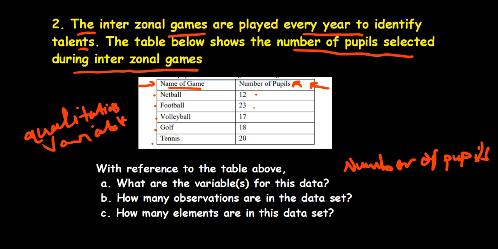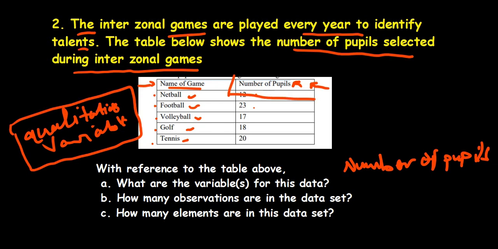We have netball, football, volleyball, golf, tennis. So the name of the game is also a qualitative variable. We can identify two variables here: the name of the game, which is qualitative, and the number of pupils, which is quantitative because we can see numbers there.